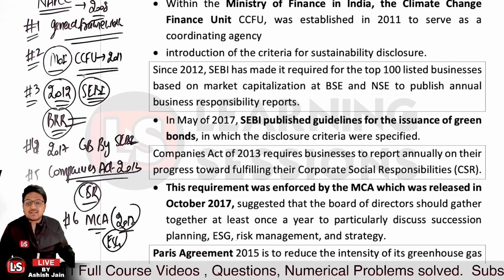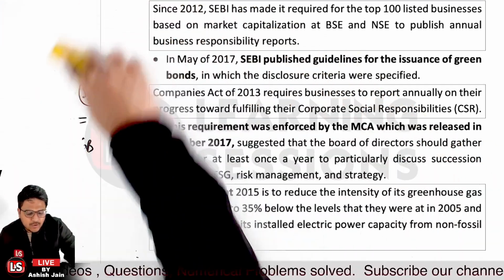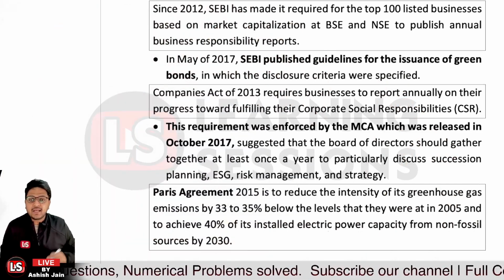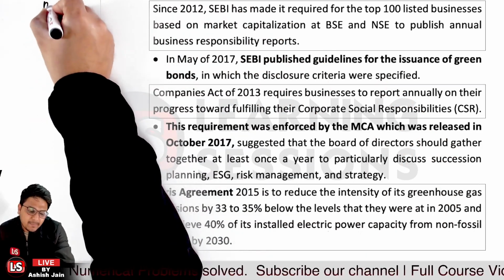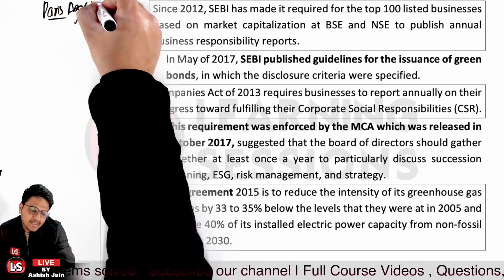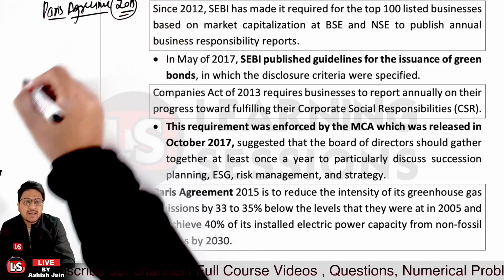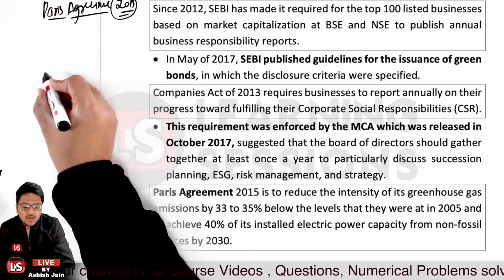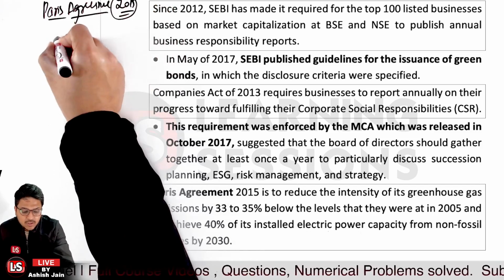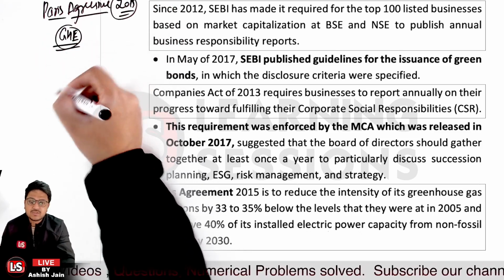And after that, it's related to the Paris Agreement, which is quite important to understand. What does it indicate? As per the Paris Agreement that happened in 2015, the agenda was that we want to reduce the intensity of greenhouse gas emissions.